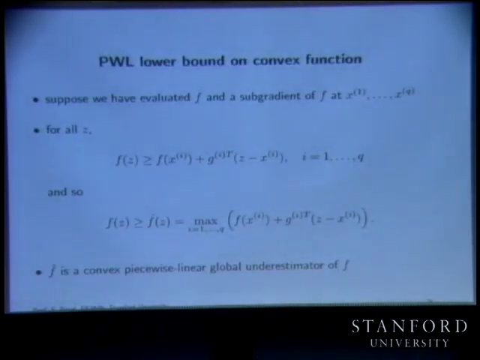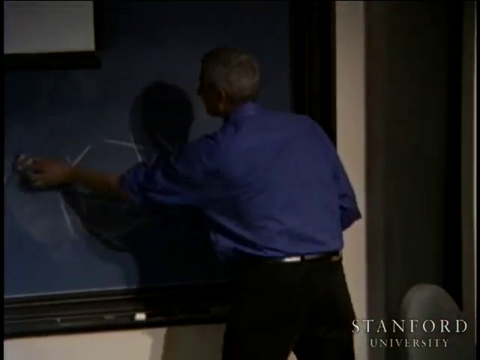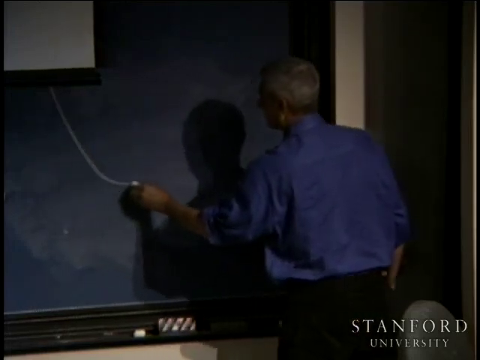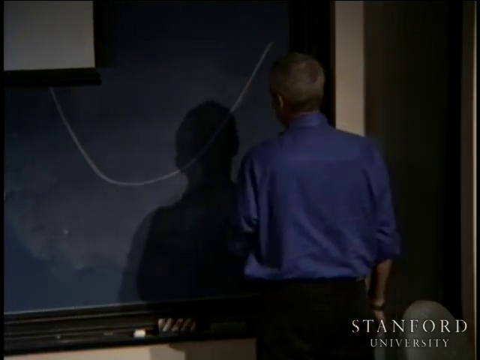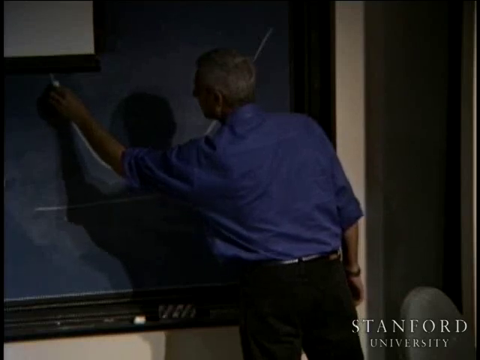And I'll draw that. It's kind of obvious what it is, but let me just draw it to give you the picture. I'll do it in R, which is kind of a stupid example, but you know. So here's your function. And let's suppose I've evaluated, well, it's smooth, so gradients, sort of here, and here, and here.